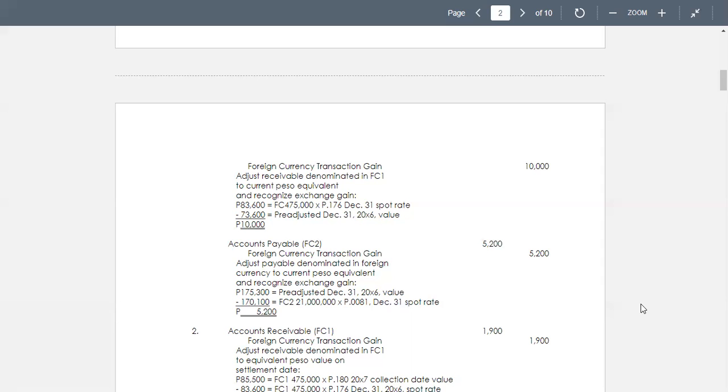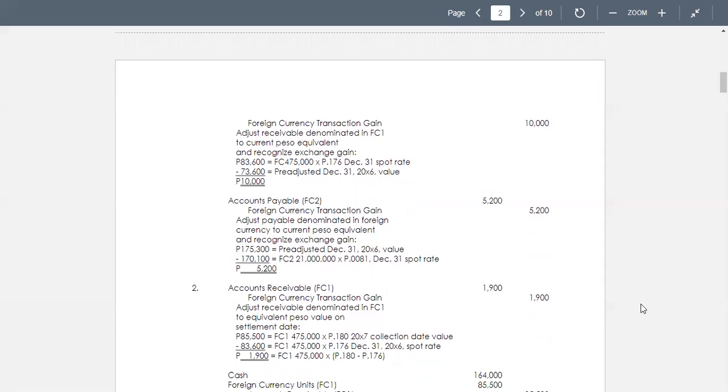For requirement number 2, the requirement is to record the collection of accounts receivable in 20x7. So the collection will be to debit, first, accounts receivable for 1,900 and credit foreign currency transaction gain 1,900. Adjust receivable denominated in foreign currency to equivalent peso value.